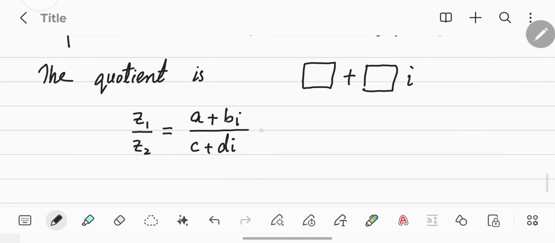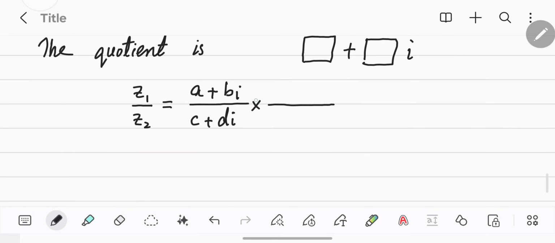How can we convert this into this form? We can use rationalization. As we have studied in the previous video, if we have a complex number in the denominator, then you can get rid of it by taking the conjugate of the denominator.